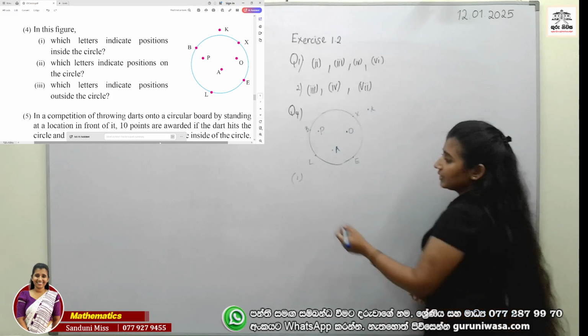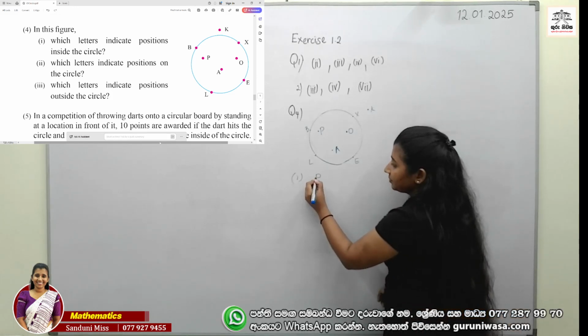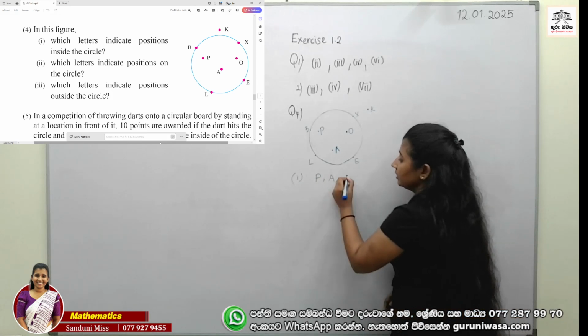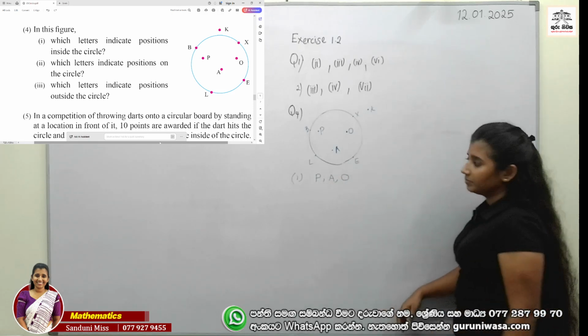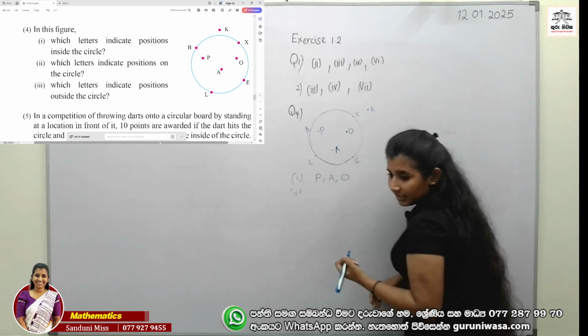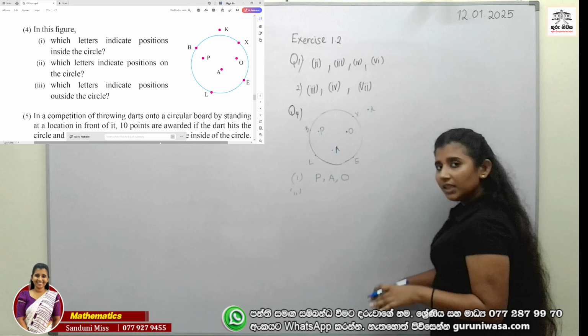Now in the first question, they ask the letters inside. What are the letters we have? P, A, and O. The second question asks the position on the circle.